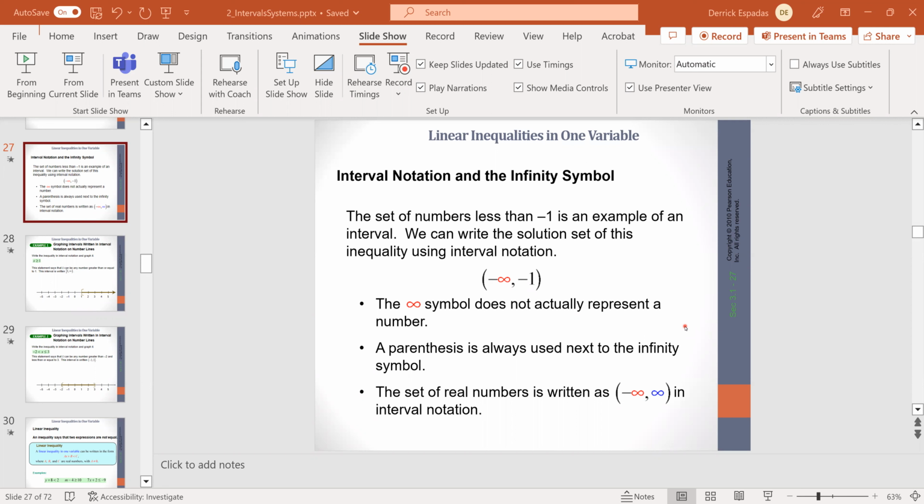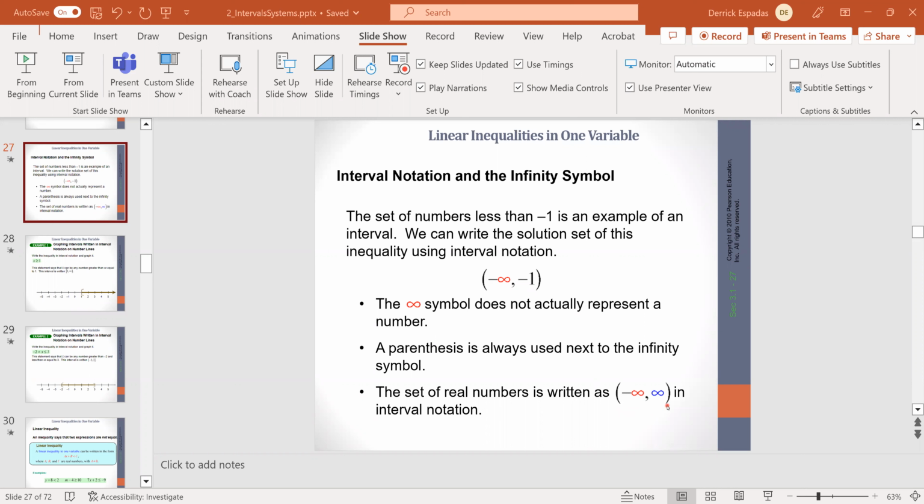Now, keep in mind that we're going to be using infinity a lot and negative infinity. So infinity goes both ways. So we work with infinity a lot. So we use parentheses, and then we'll put numbers in there. For right now, you can see down there at the bottom, to represent all numbers, we put parentheses, negative infinity, comma, infinity.